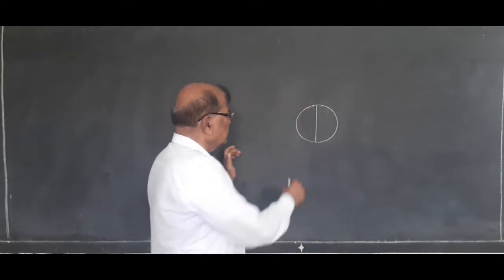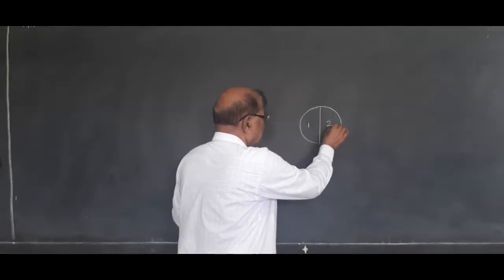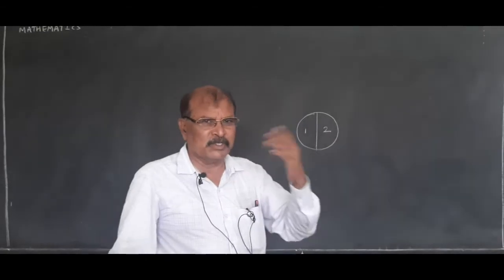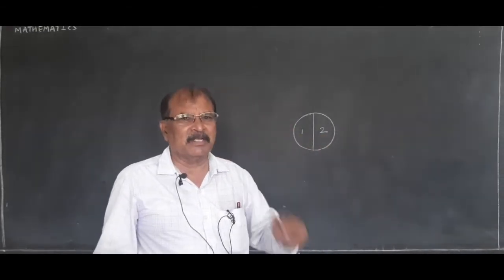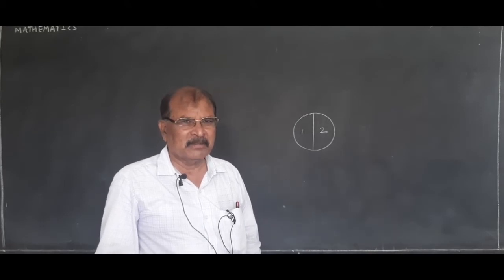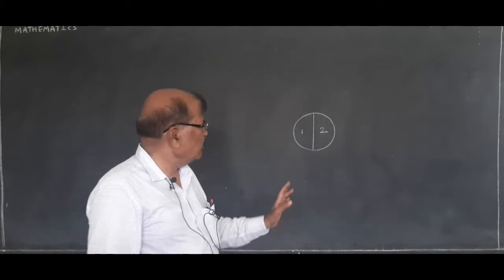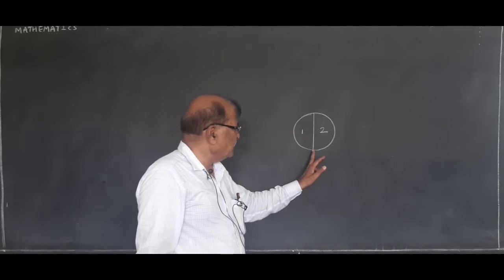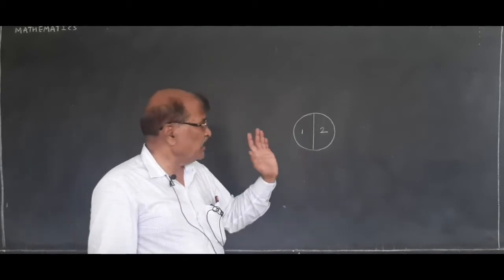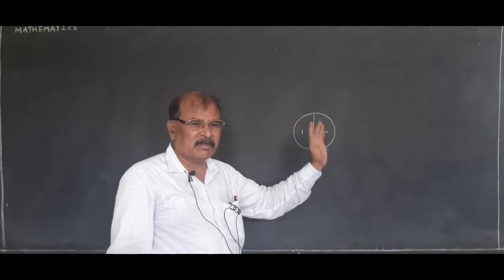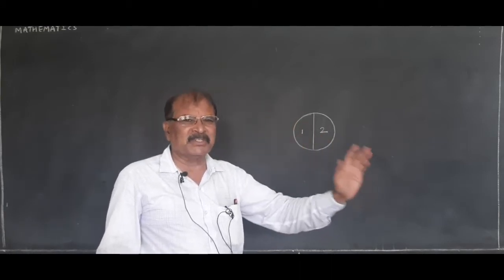This is one part and this is another part, to distribute this roti to two children equally. Here the need of natural numbers fails. The need of rational numbers comes into existence.